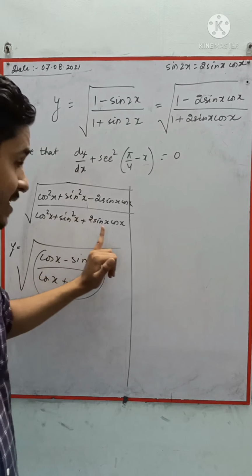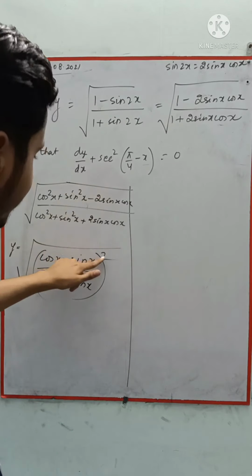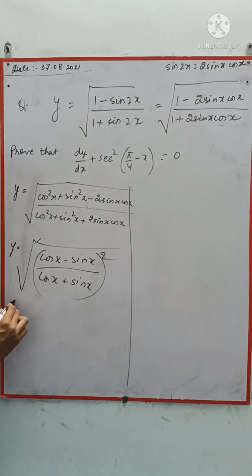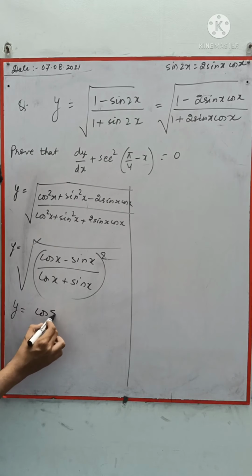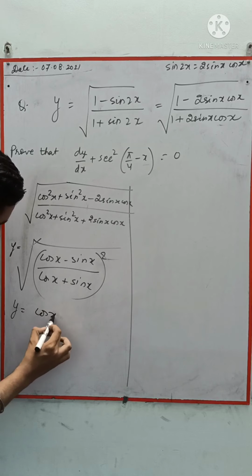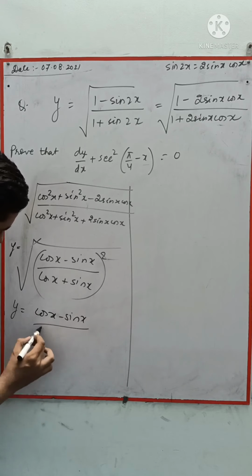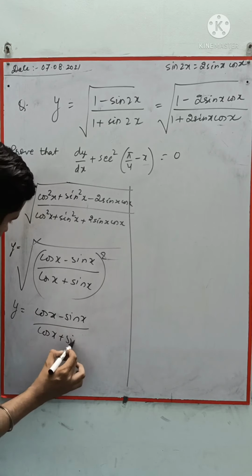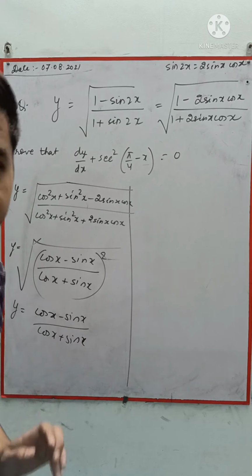So this square will be cancelled with the root and we will be left with cos x minus sin x upon cos x plus sin x.